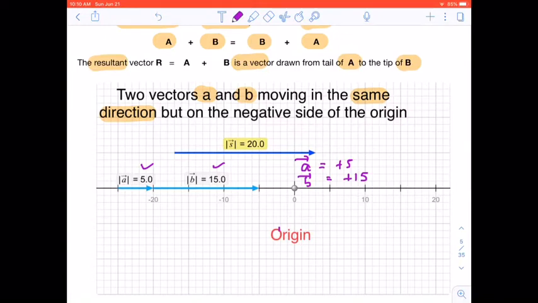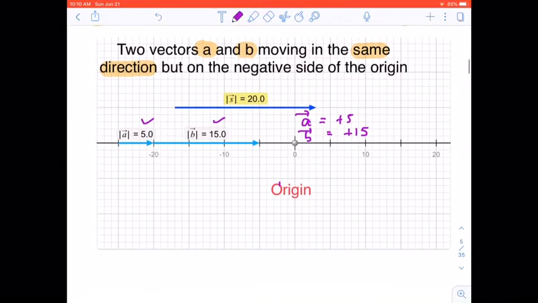If it's a force vector, then A would be plus 5 newtons and B would be plus 15 newtons. If we're dealing with displacement, then it could be plus 5 centimeters or plus 5 meters. So here you have the magnitude.